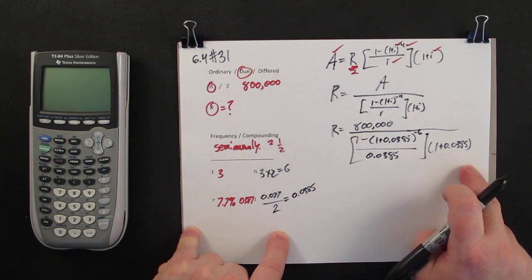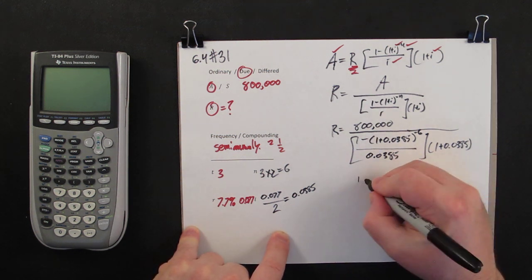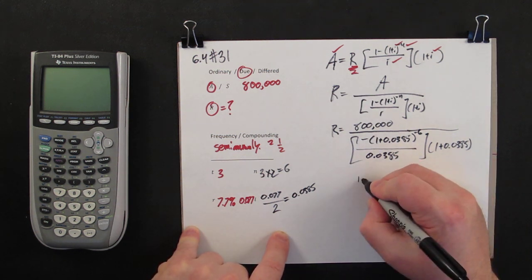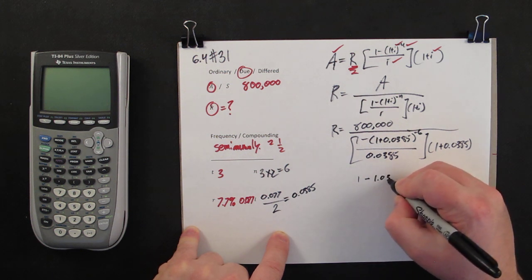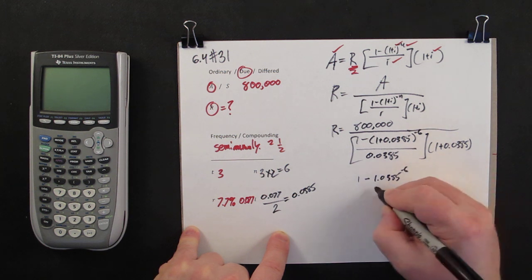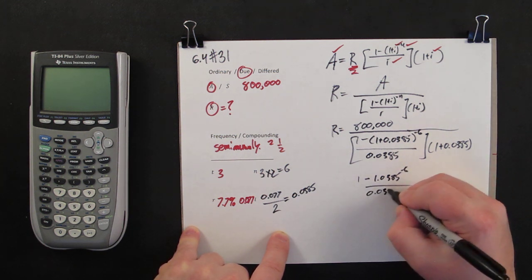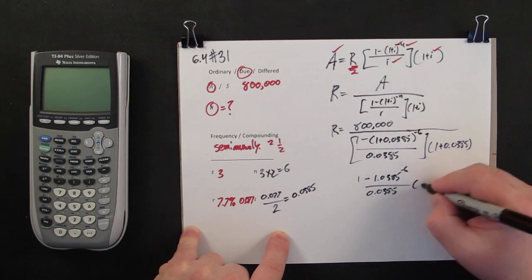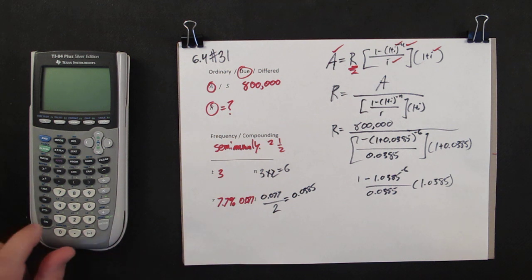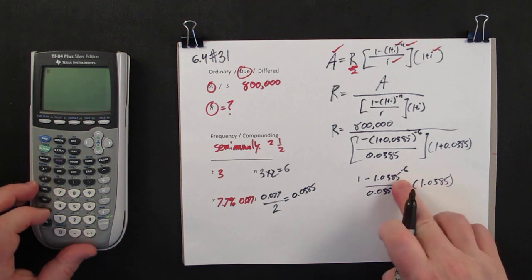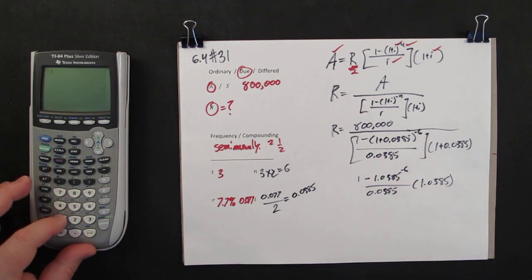So I'm going to compute the denominator first. So that's 1 minus 1.0385 to the minus 6. Okay. So again, it shrinks because that's negative.